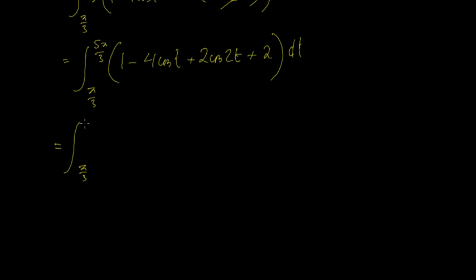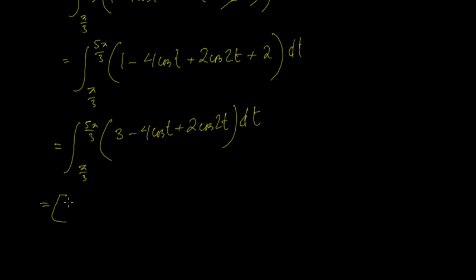So the integral from pi by 3 to 5 pi by 3 of 2 plus 1, which is 3, minus 4 cos t plus 2 cos 2t dt. So the integral of 3 is going to be 3t, minus 4 cos t. Now the derivative of sine t is cos t.